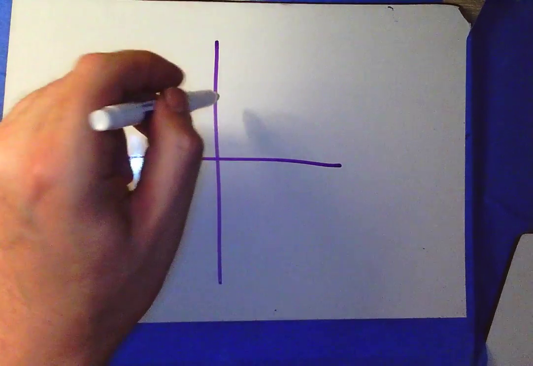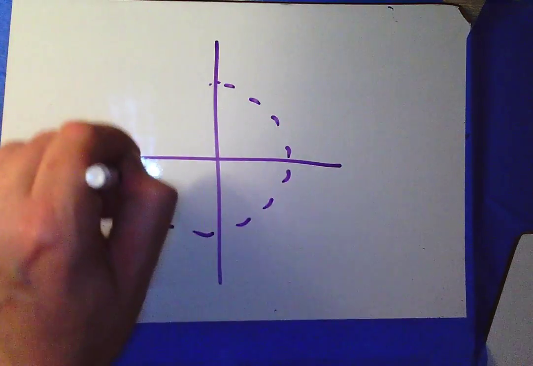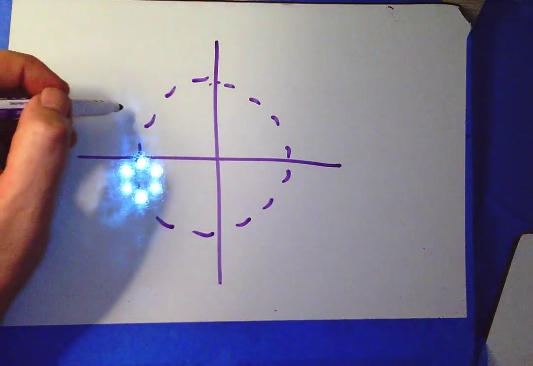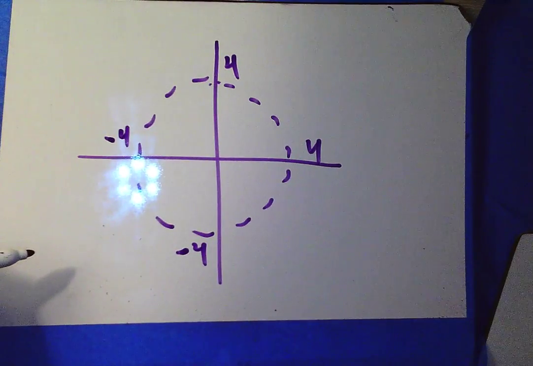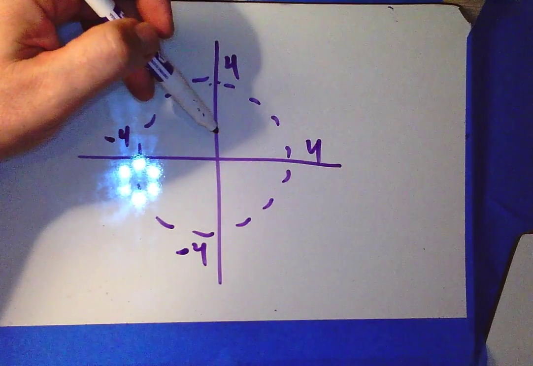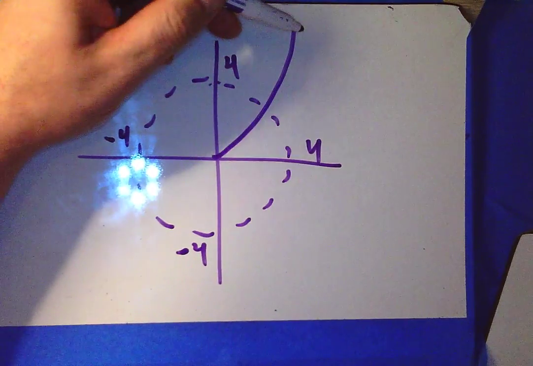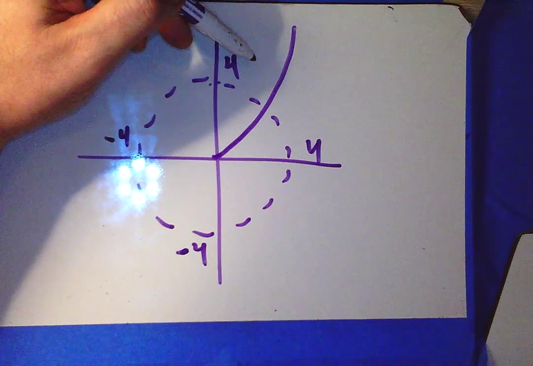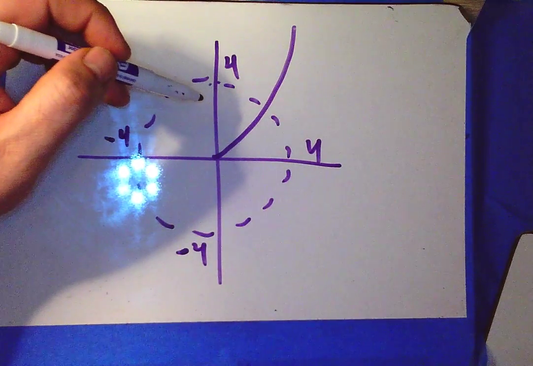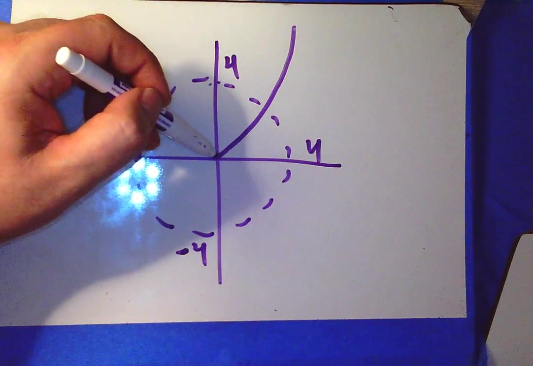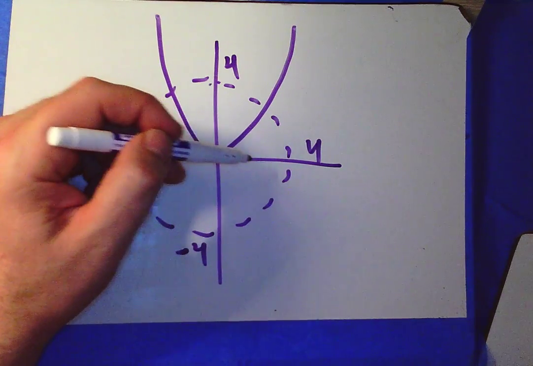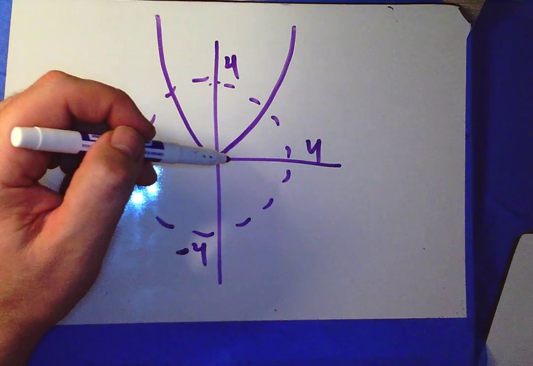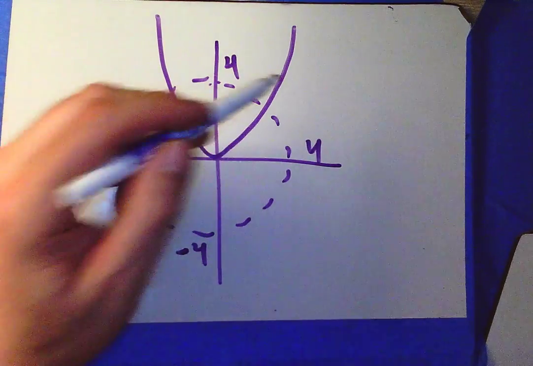How about this one? Again, let's have a circle. This time the circle is dotted at negative 4, negative 4, 4, and 4. And let's have a parabola. I think I've drawn that parabola awkwardly. Yeah, let's have that parabola.